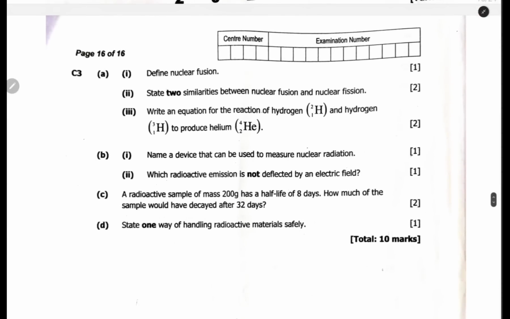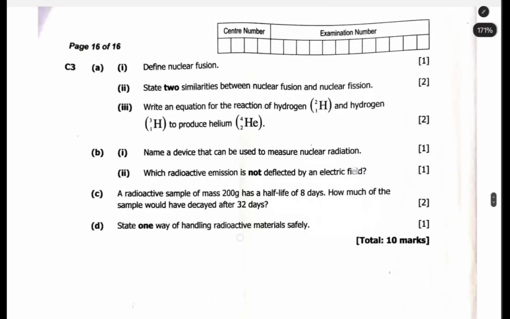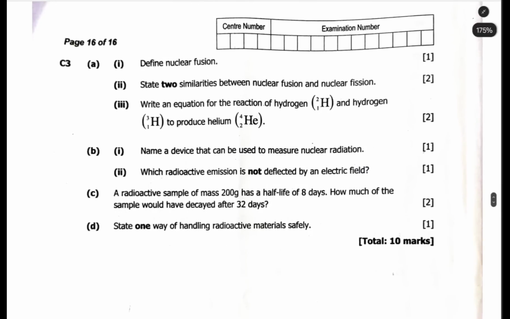Then question C3. The first question is define nuclear fusion. What is nuclear fusion?